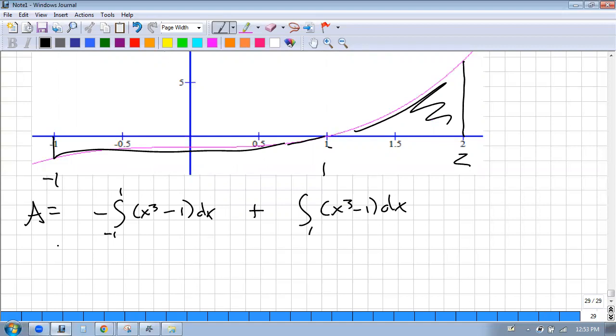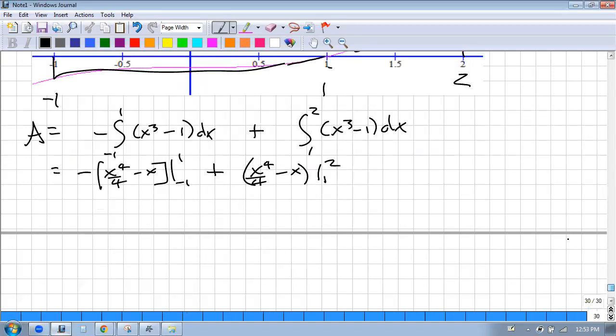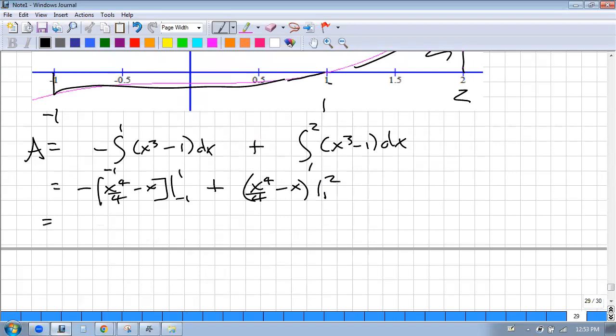So just like the rest of the math we just did, this would be negative x to the fourth over 4 minus x, evaluated from minus 1 to 1. And over here we have x to the fourth over 4 minus x, evaluated from 1 to 2. So this is negative x to the fourth over 4 plus x, minus 1 to 1.